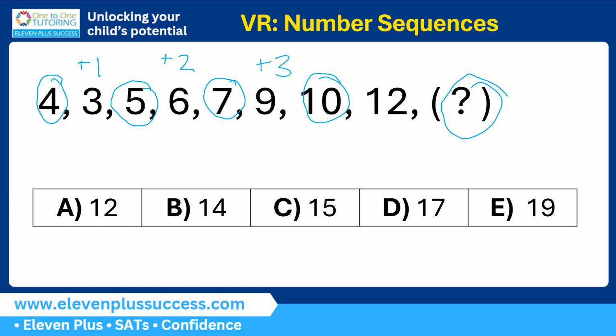There appears to be a pattern, add 1, add 2, add 3. I think my next step would therefore be add 4, 10 add 4 would give me 14, and I'm happy with my choice just there.